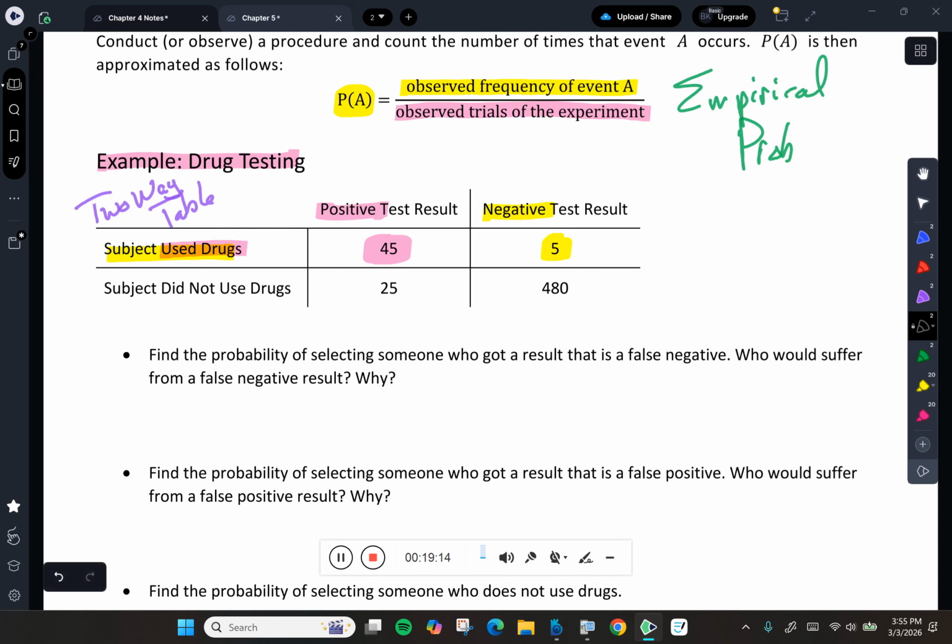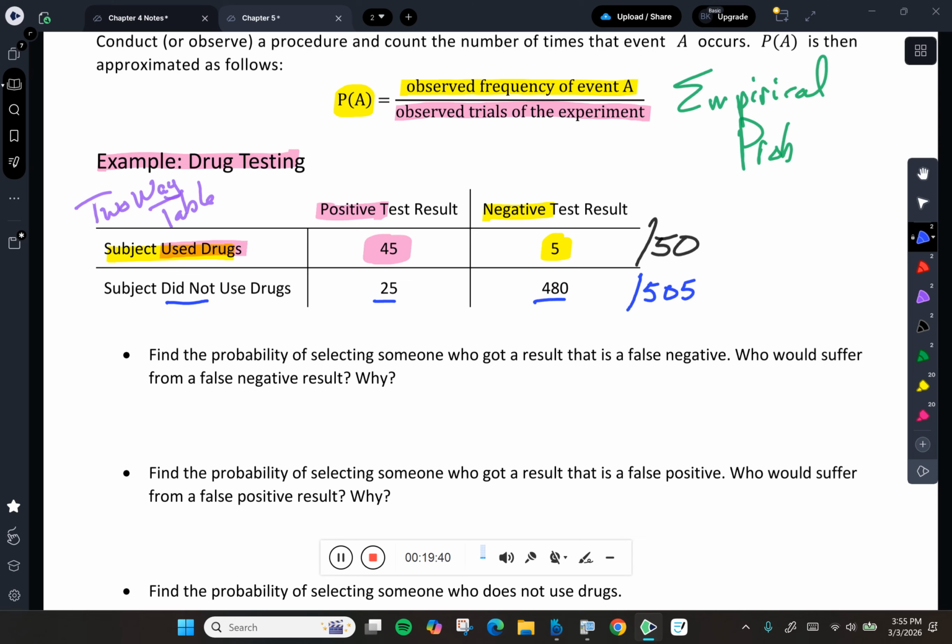Or if I wanted to, I could say that there were 50 people who used drugs. Similarly, the second row is people who did not use drugs. We got 25 who tested positive, 480 who did not test positive. And what does that give us? 505 who did not use drugs.